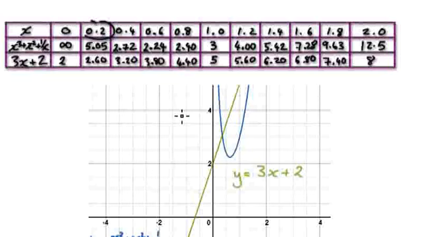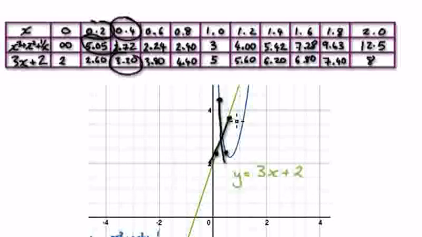When x is 0.2 here, this blue line here is 5 point something, and then this green line here is below. Now when you move into 0.4 here, the blue line is now below the green line here. So you must know that there's a switch over somewhere.